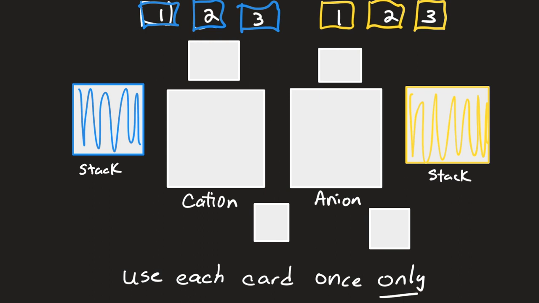Then you're going to look up the charges for calcium and phosphorus. When you look on your periodic table, you'll see that there's a 2 above the column for calcium, so it's going to have a +2 charge. When you look at phosphorus, you're going to find that it has a -3 charge.